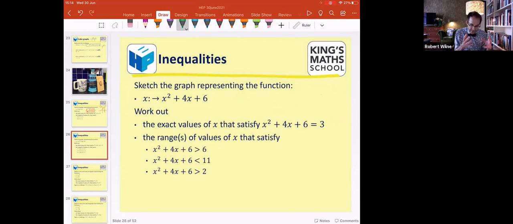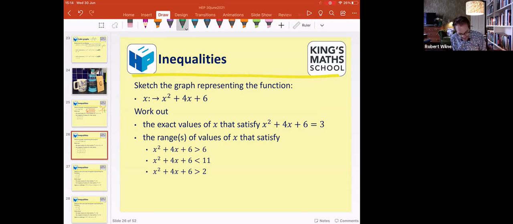So here we've got the quadratic function. We've got our input values, we've got our output values, and so we can ask ourselves, when do we get an output of 3? That's got some nice answers: -1 and -3. And then what set of values, plural, give us those various ranges of output: outputs which are more than 6, outputs which are less than 11, outputs which are more than 2.